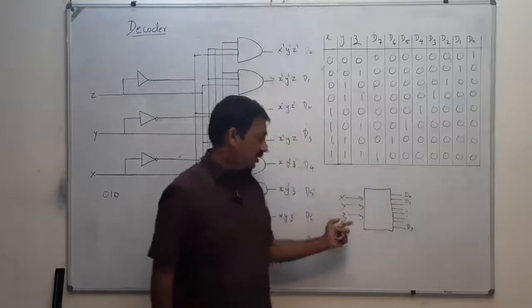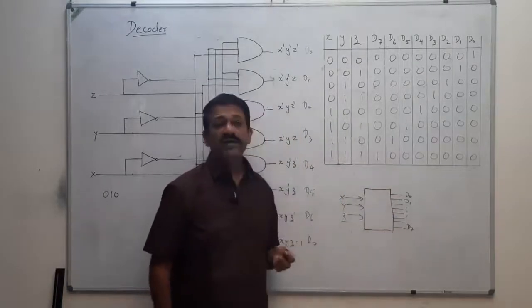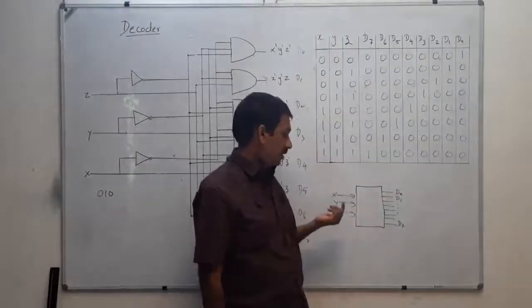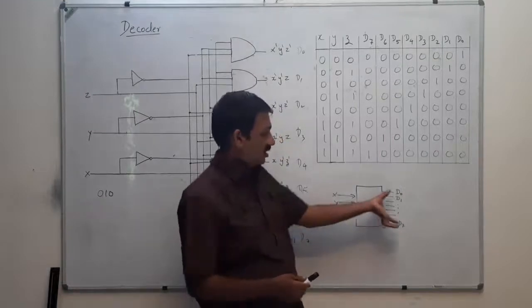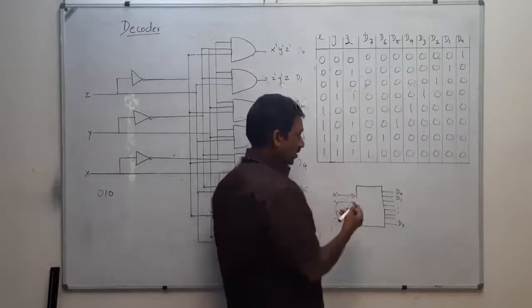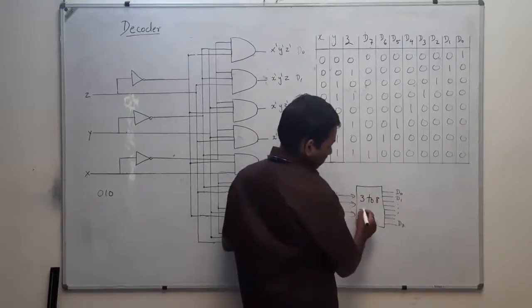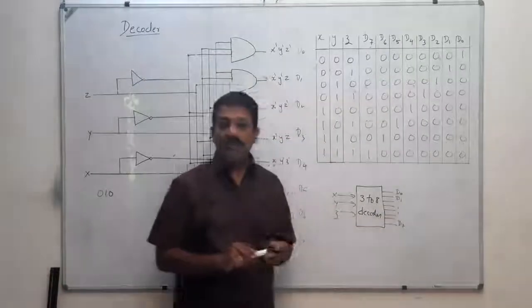These are the inputs and these are the outputs. Depending on the inputs, one of these outputs will be set. So this is an example of a 3 to 8 decoder. That means 3 inputs and 8 outputs. That's why we have a 3 to 8 decoder. Okay, thank you.